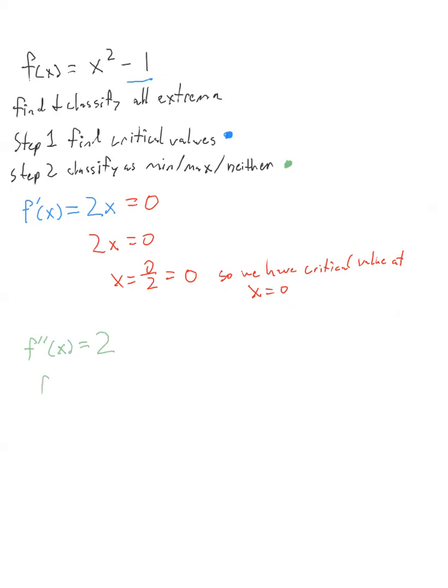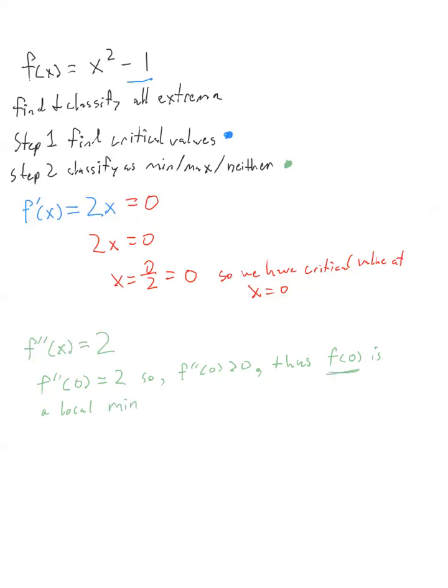When I plug in 0 to this function, it's still just 2. So f double prime of 0 is positive. Thus, f of 0 is a local minimum.